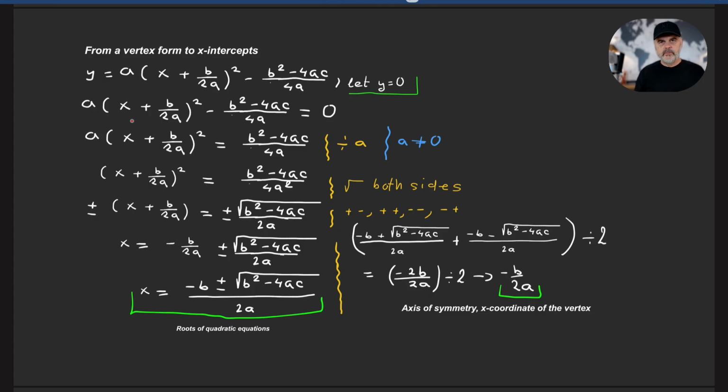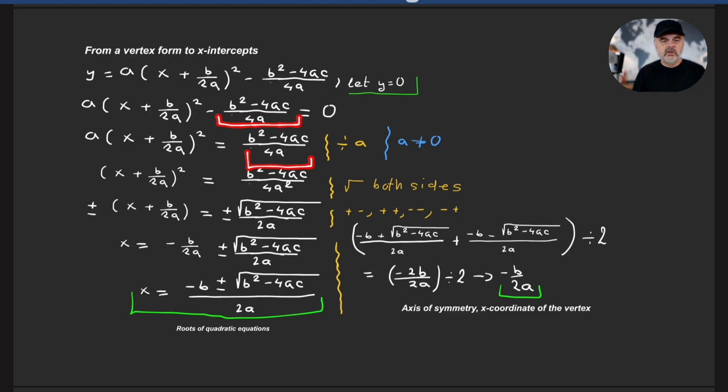You can move things around from the left side to the right side by adding or subtracting the same quantity to both sides. You can divide or multiply both sides by non-zero values. So by just separating this term from this negative term, we have now positive b squared minus 4ac divided by 4a. So that's step one.